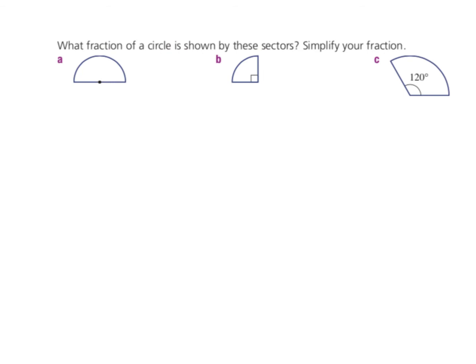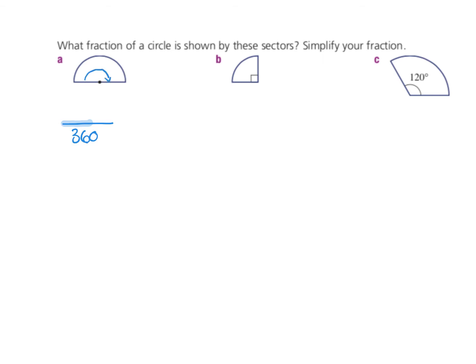Here we're practicing telling what part of the circle you've got. This helps you when you do those areas of a sector, to know how much of the full circle you have. Remember, a full circle is 360, so tell me how many degrees I have.